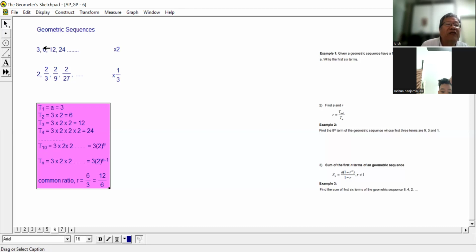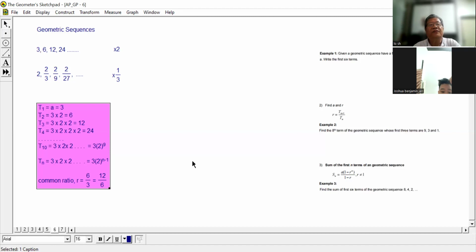If I take 12 divided by 6, what's the answer? Also 2, right? So it's something like our arithmetic sequence, but instead of subtracting, we just divide to get the common ratio. So you just take 24 divided by 12, also you get 2. But you must take 2 consecutive terms. You cannot take 1 term here, 1 term there, then you divide and you say that is the common ratio. You must take consecutive terms, right?